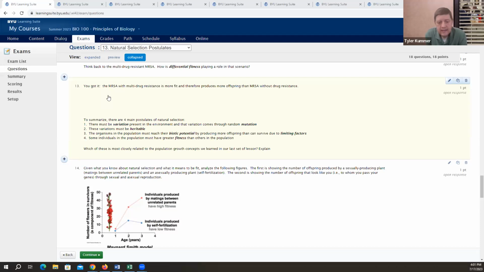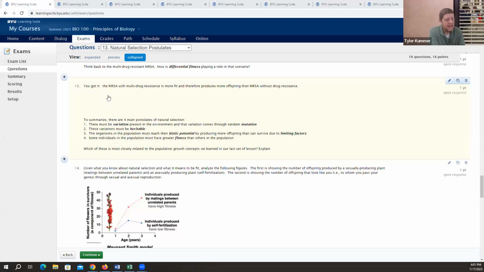Now, this is one key common misconception that students, people in general, have about how evolution takes place. There is not a need that arises, some sort of limiting factor that comes up that then results in a mutation occurring to deal with that limiting factor or problem.